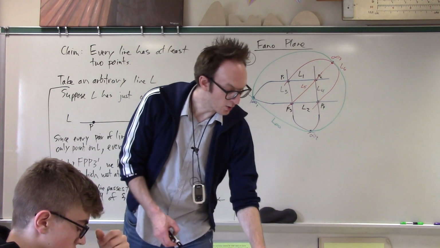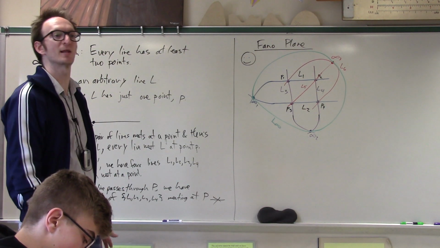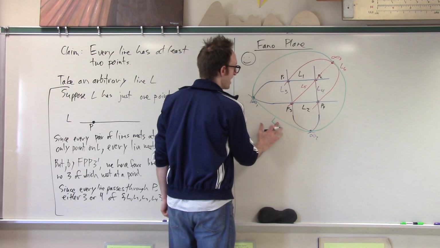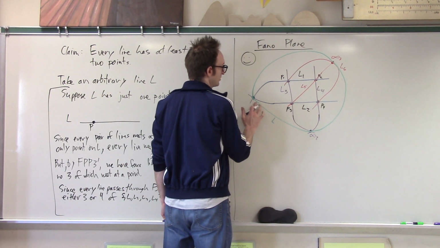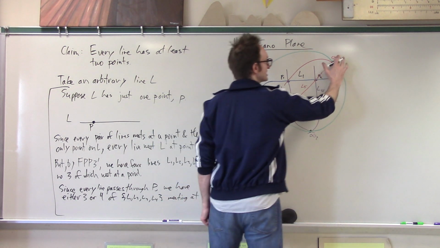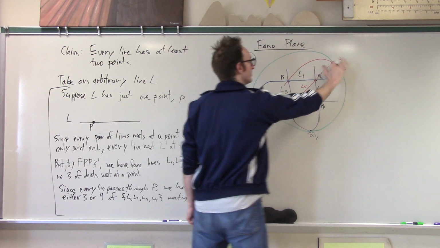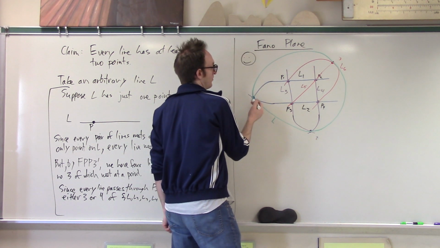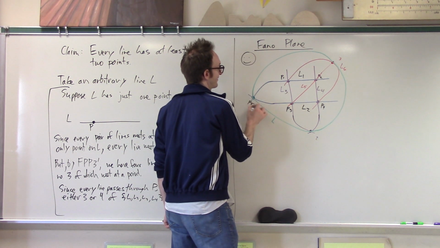Okay, wait. None of the lines are parallel because there are no parallel lines in a projective geometry. One thing I could do right now is just to dispel some confusion. Never mind all this infinity mumbo jumbo, and let's just call it what it is. This is just a point. Let's call it P5. Let's call this point P6.